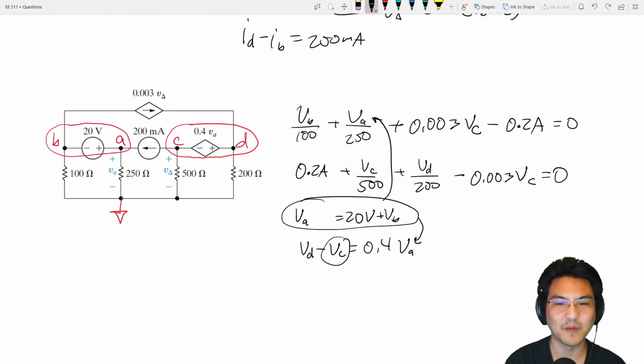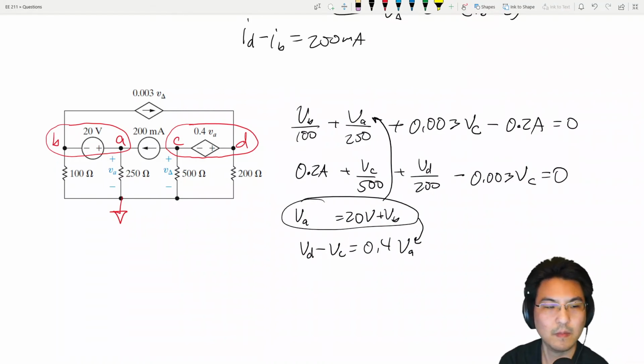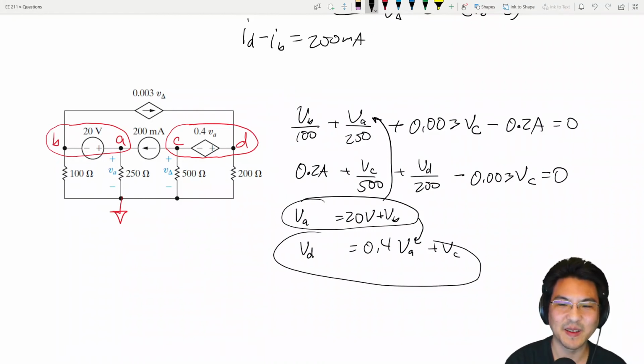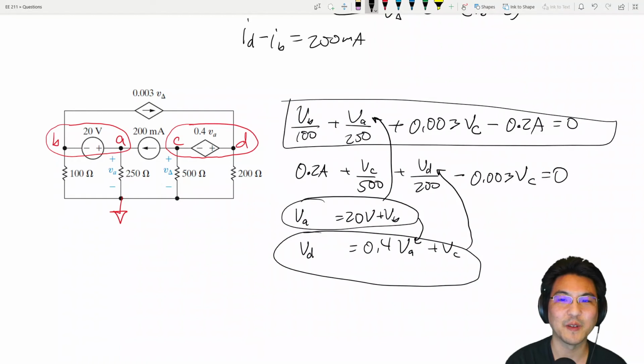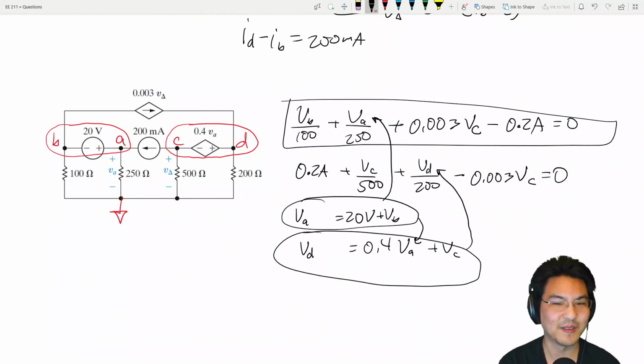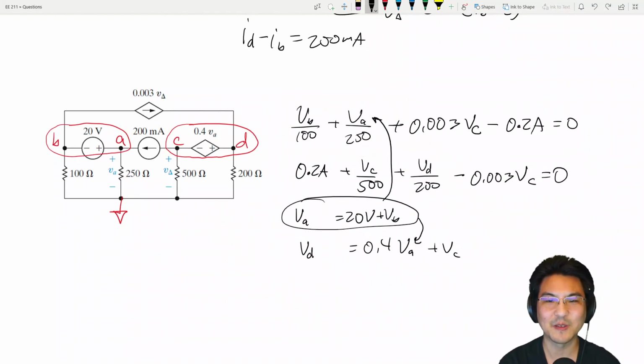Maybe I'll solve for VC. Maybe this way is easier. Doesn't matter actually. But then I can take this and just substitute it right there. So then this first equation will actually only have two unknowns, VB, VC. This equation will also have two unknowns, VB and VC. So now we're already down to two equations, two unknowns.